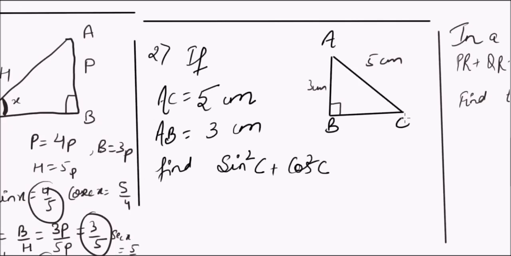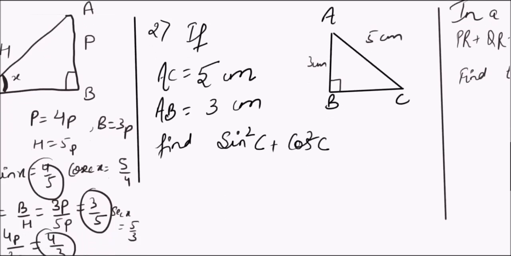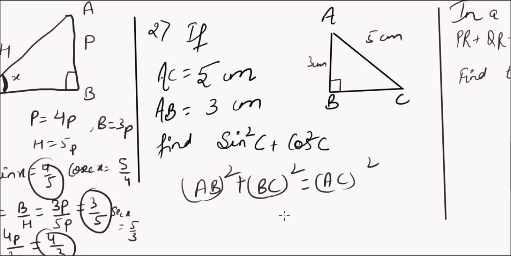Since it is a right angle triangle, Pythagoras theorem is applicable, which means AB whole square plus BC whole square equals AC whole square.